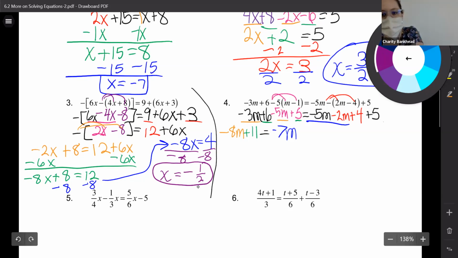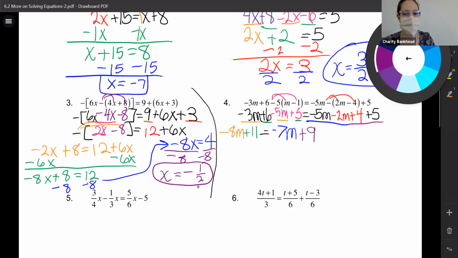And 4 plus 5 is 9, so that's plus 9. All right, so I have -8m plus 11 equals -7m plus 9.